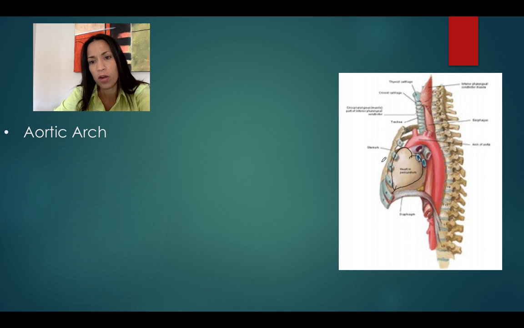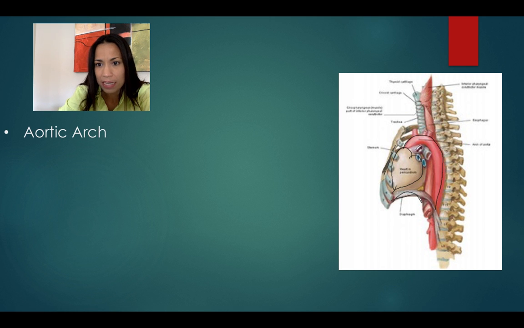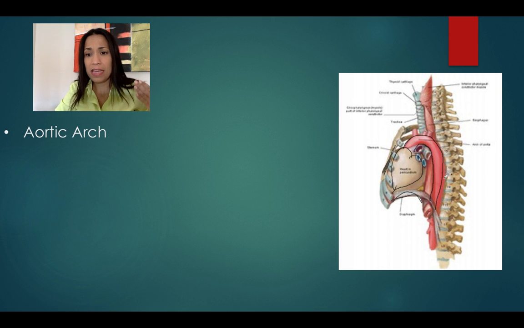Even though it's kind of blurry, in here we can see your heart, how it sits posterior to the sternum, right on top of the diaphragm muscle. This is the aorta, and see how it ascends, then arches, and it's posterior to the heart, right in front of the vertebral column. So you can have an idea of how posterior the aorta is.